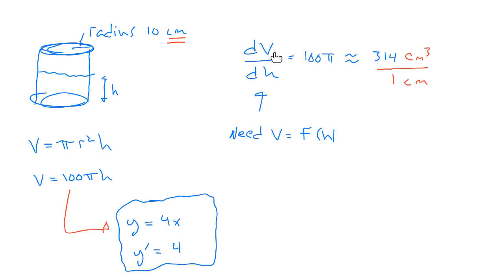I've got units of volume, which is, in this case, cubic centimeters, on top. It means that if you had liquid in this cylinder, for every centimeter deeper the liquid got, like if you were pouring it in there, it would gain an extra roughly 314 cubic centimeters of volume.